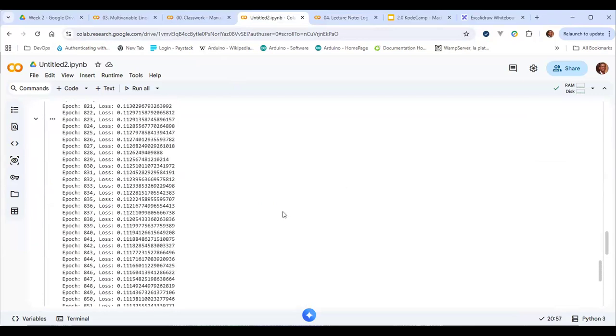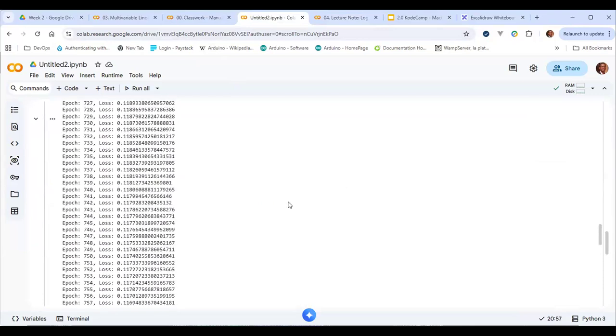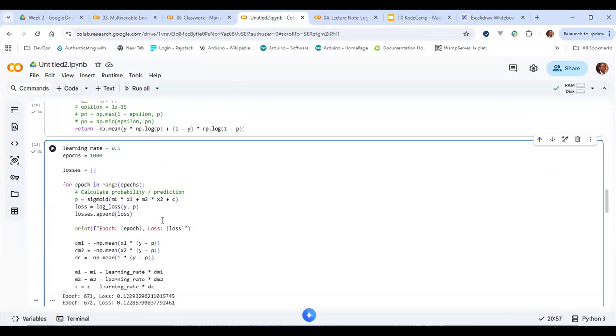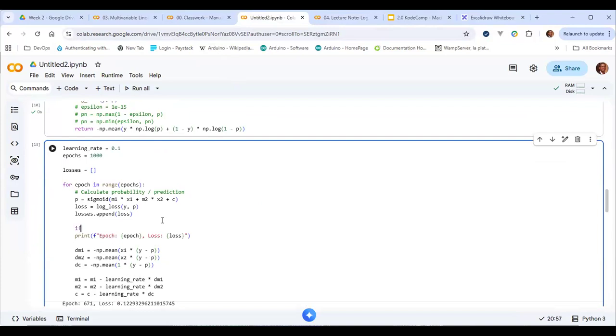So I'm going to run it a million epochs, but I'm going to make a slight change so it doesn't print every time. It will just print only every 100 or every 1,000 epochs.